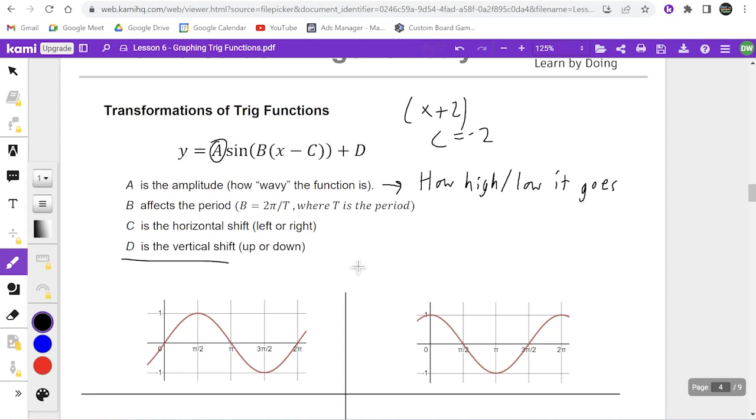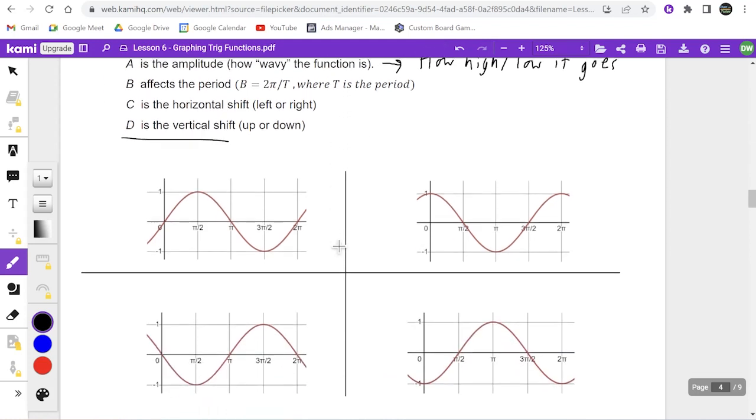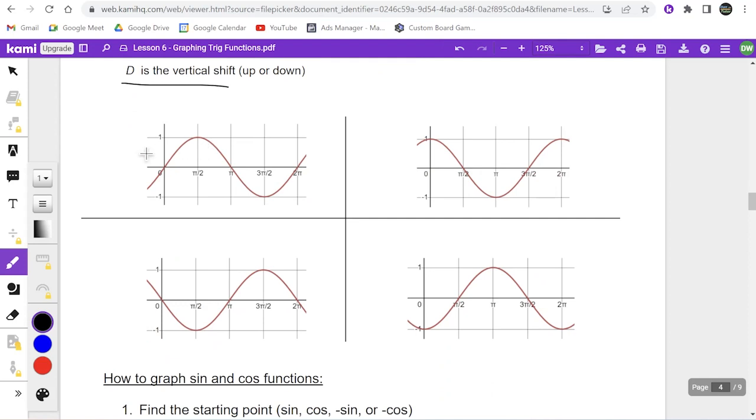That's pretty easy. And then the last thing we need to know here before we start graphing is that these 4 functions are basically, you can call them families. Let me explain. This is the graph of sine x. The top left one is sine x. Notice what's very famous about sine x is that it starts in the middle.